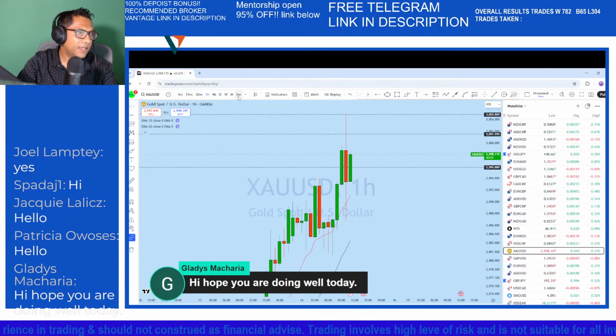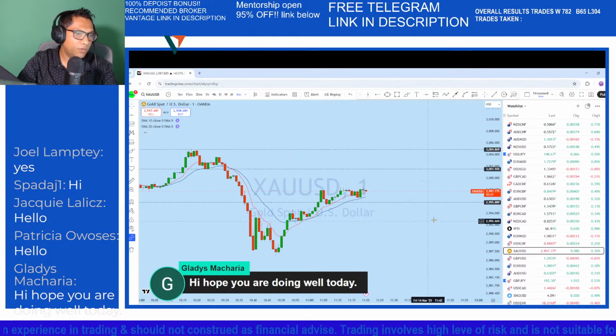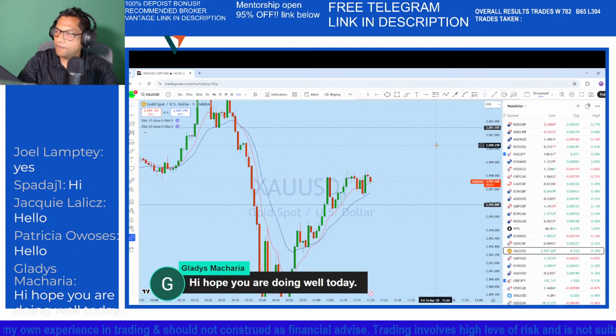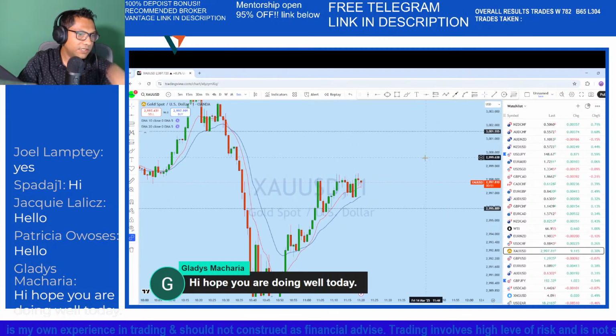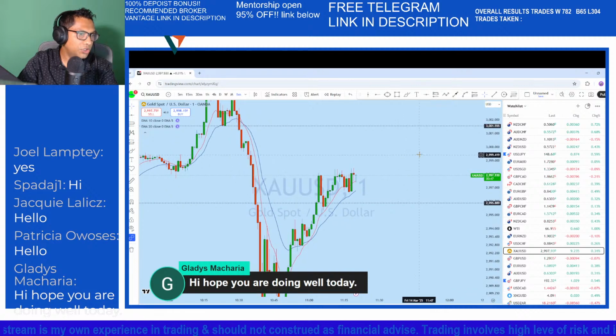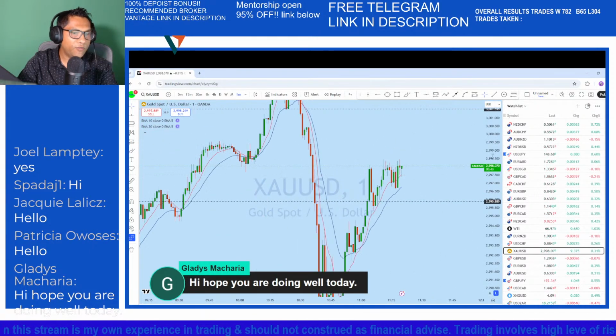So the bias is still to the upside. We can see that there is a doji formation, and with this doji, the lower time frame price action is showing a bullish pattern. So we will be waiting for a pending order.